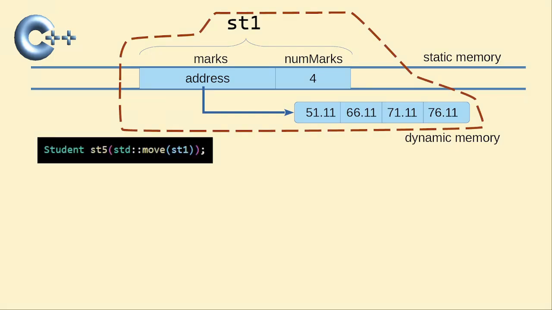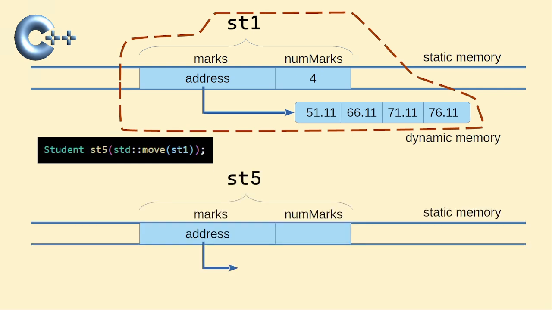Now if I invoke this move construction operation to construct a new object called st5 by moving the resources from the st1 object, first thing that happens is the st5 object is created with the attributes marks and number of marks.